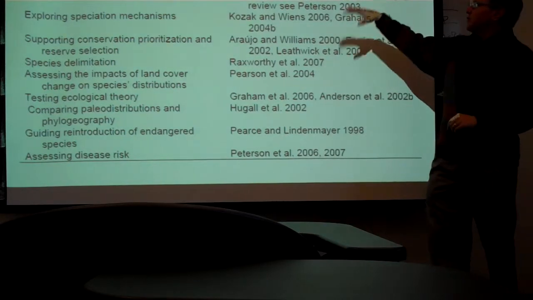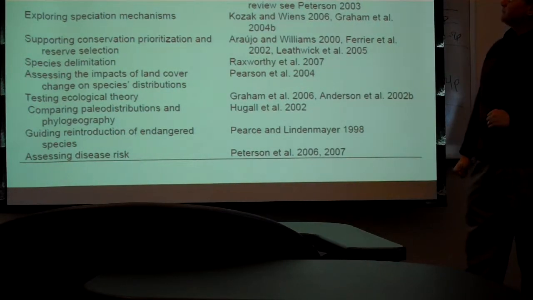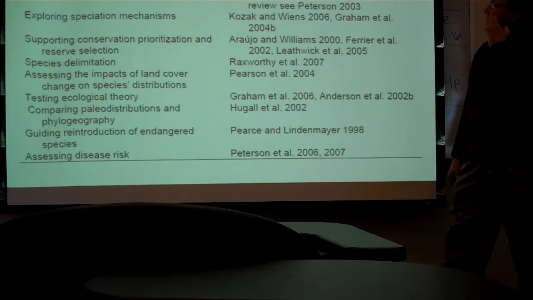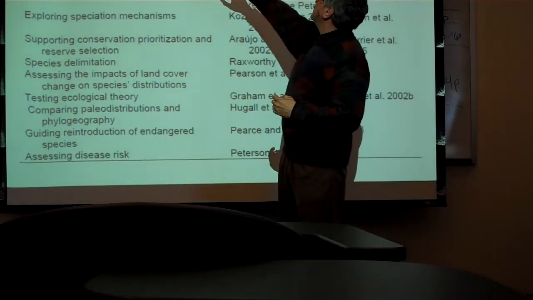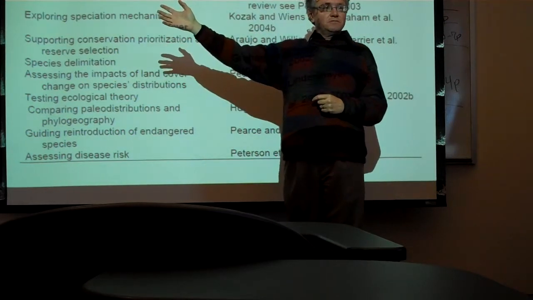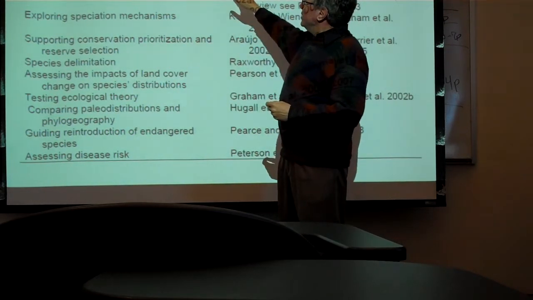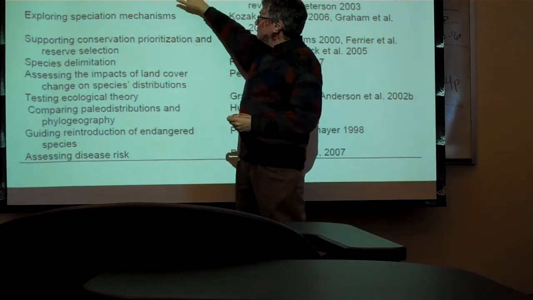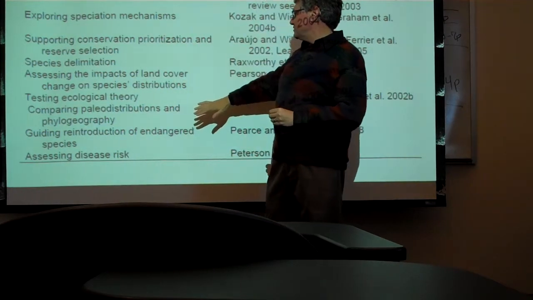So this is just a long list of applications. There have been applications where they use species distribution models to ask, where should we go look for more occurrences? We talked about climate change and invasion.